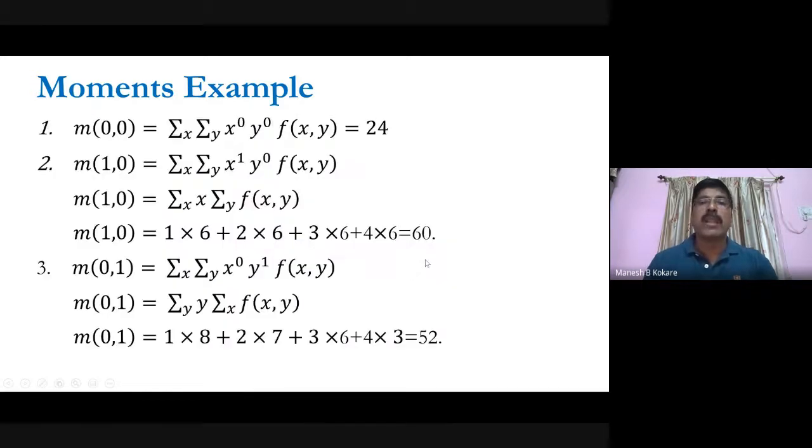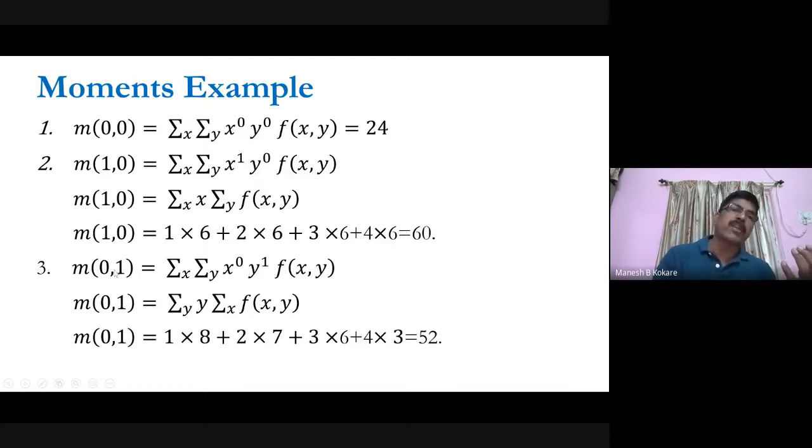So 1 into 6 plus 2 into 6 plus 3 into 6 plus 4 into 6. So this M10 is coming as 60, right? So you got another feature, the moment with respect to x-axis, whose value is equal to 60.